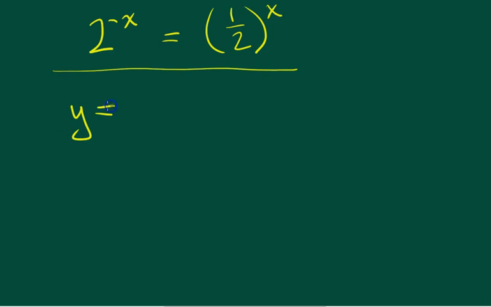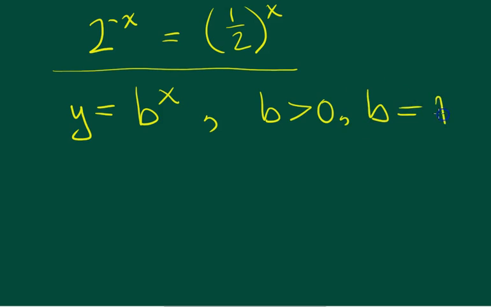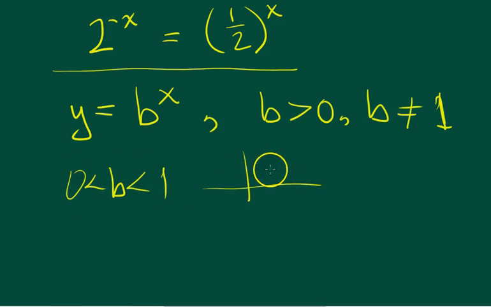Okay, so it's easier to think about if we just say that for any exponential function, it's defined as y is equal to b to the x, with b greater than 1, but in fact b can be any positive number that is not equal to 1. I'm going to let you think about why it can't be equal to 1. And then we need to keep in mind, if b is between 0 and 1, we're going to have a graph that looks like that.